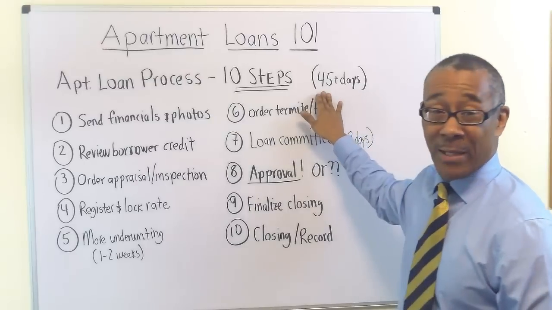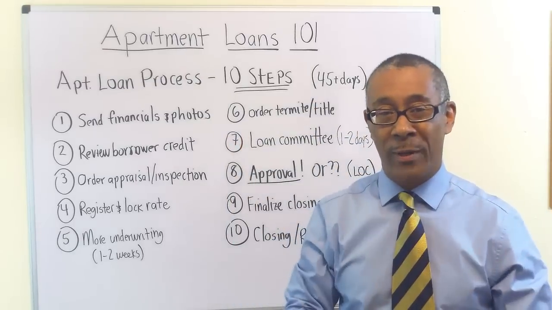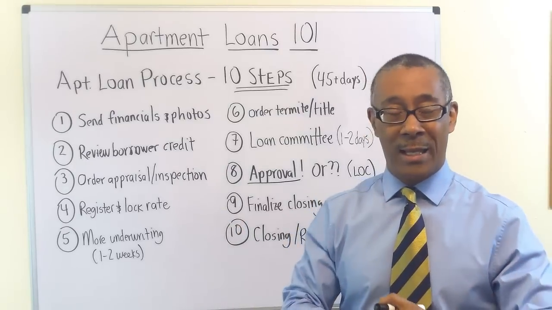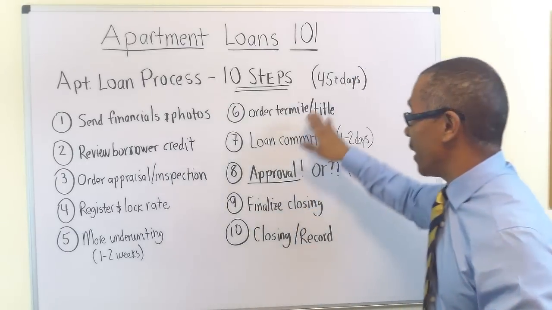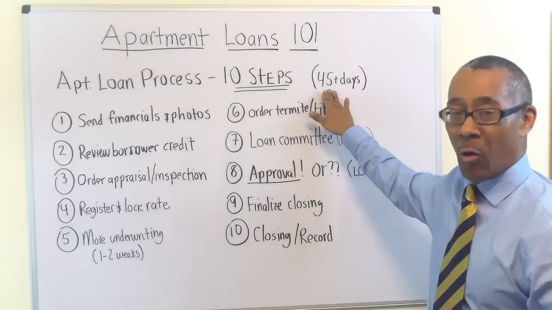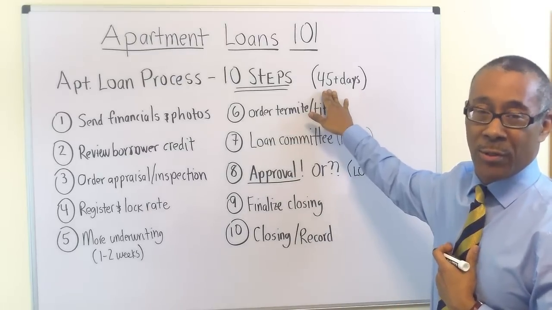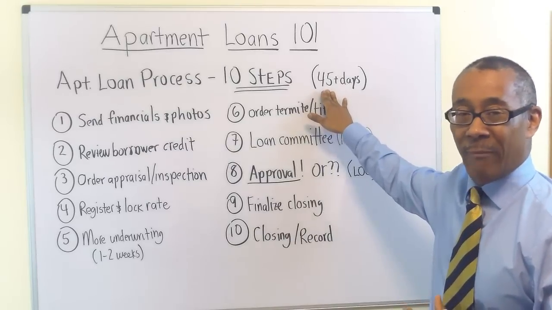It's going to take 45 days or more. In a perfect world, maybe they did 10 loans for you and they have all your information, they know the market well, maybe 30 days, all right? But most likely it's going to be 45 days or more. In my experience, I've never had a commercial loan close in 30 days, and you shouldn't either. So just expect 45 days or more.